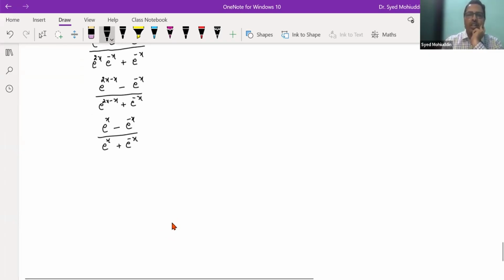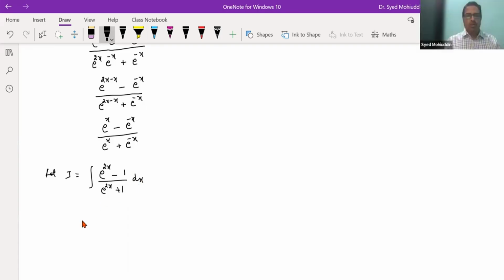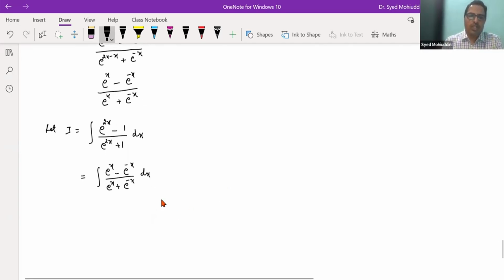Now if you try to integrate it, let the integral be e power of x minus e power of minus x, divided by e power of x plus e power of minus x, into dx. Now we'll check whether one is the differentiation of the other. Let us check the denominator: d by dx of e power of x plus e power of minus x. If I differentiate this, will I get the numerator or not?